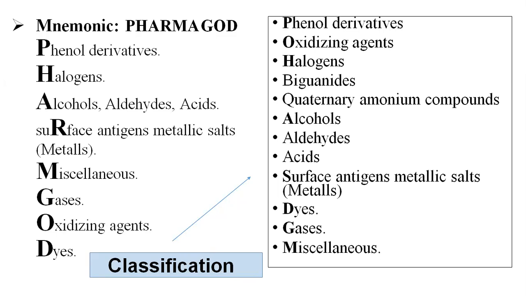P denotes phenol derivatives, H for halogens, A for alcohol, aldehyde, and acids, R for surface active metallic salts, M for metals, miscellaneous, and A for alcohols, G for gases, O for oxidizing agents, and D for dyes.